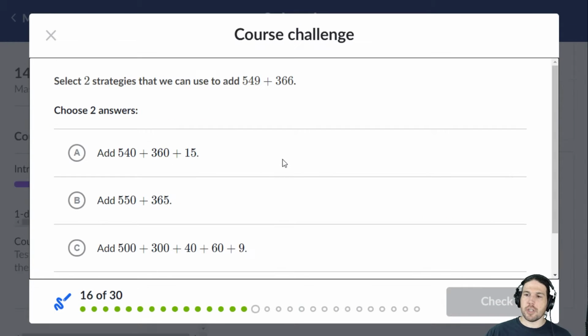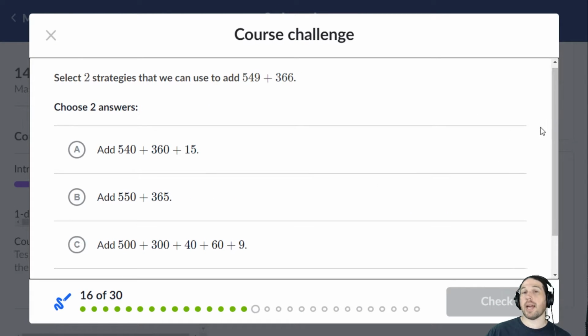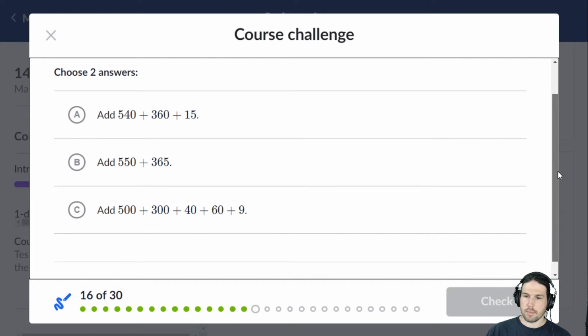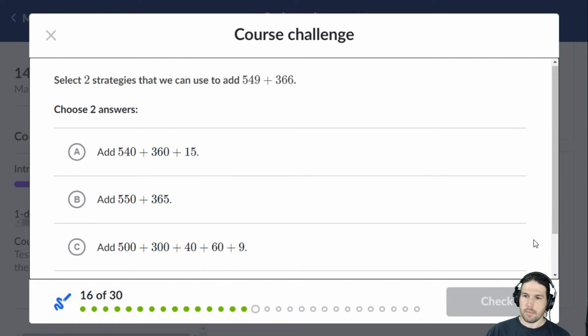Select 2 strategies we could use to add 549 plus 366. Well, let's see. 500 and 300 and 40 and 60 and 9. This one is missing a 6.